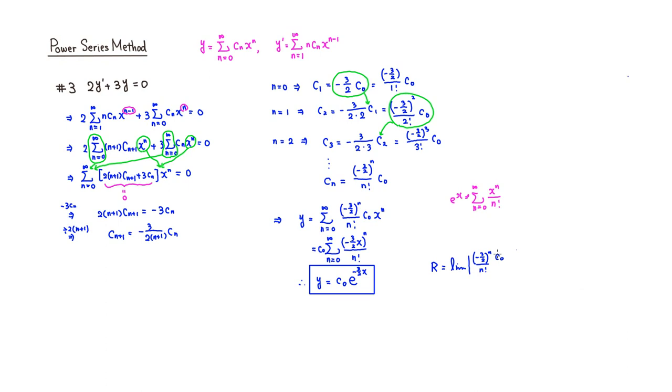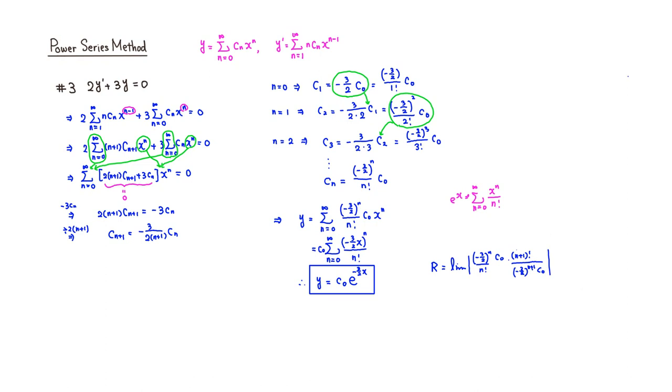So I'm going to just write the reciprocal: n plus 1 factorial over negative 3 halves to the n plus 1. And then C0 is going to be on the bottom because it's a reciprocal.